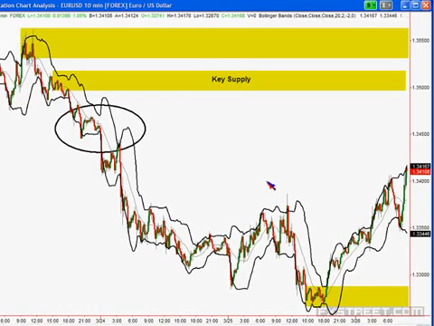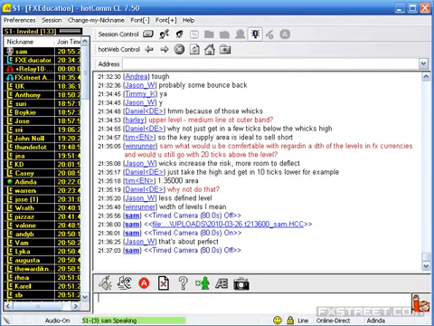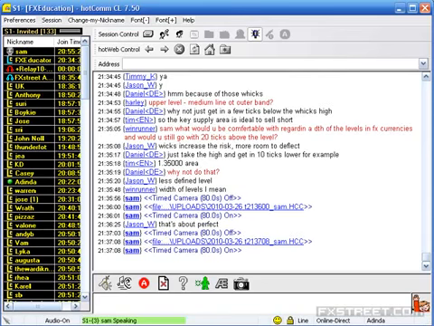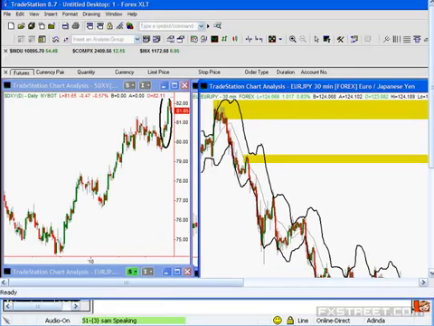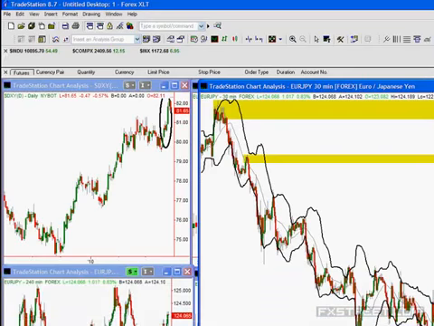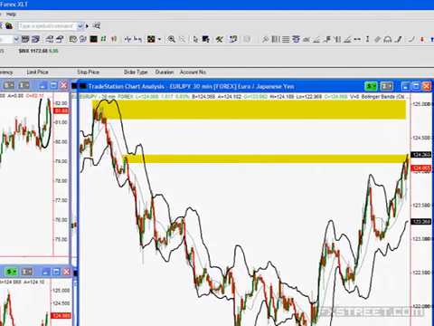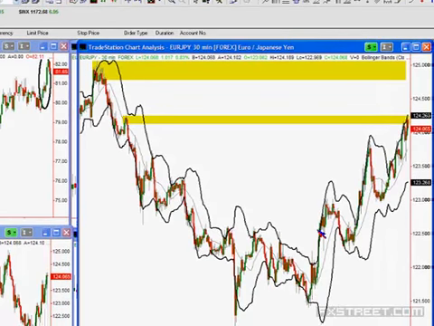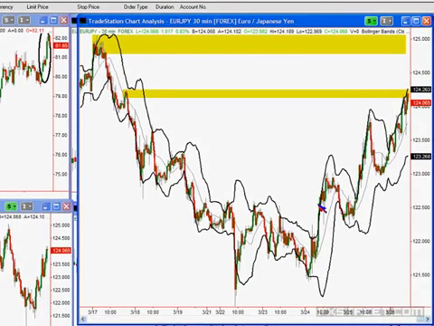Here's one in the euro yen. Oh, we put this one in already. Anybody happen to grab this one, by the way? I saw it just came back up into our level. That's the euro yen. So those are two levels here. Again, you want to see that price is piercing the upper band and hitting a key supply level. And the only other component you need to do this is making sure you have a profit margin associated with your opportunity.